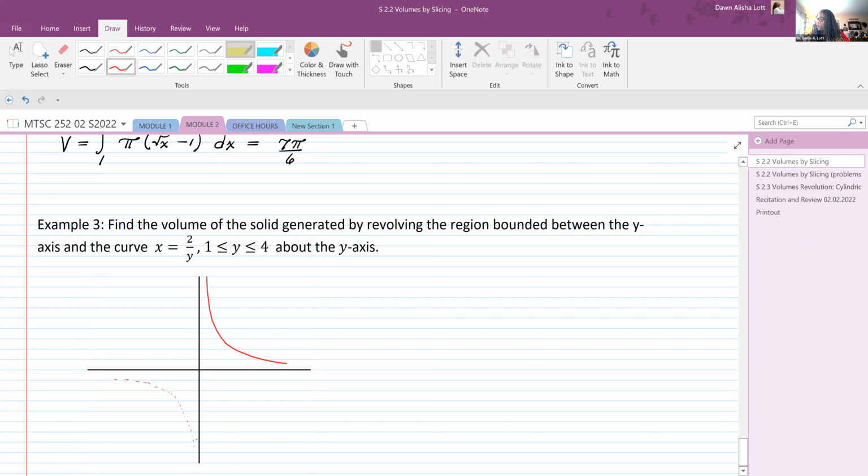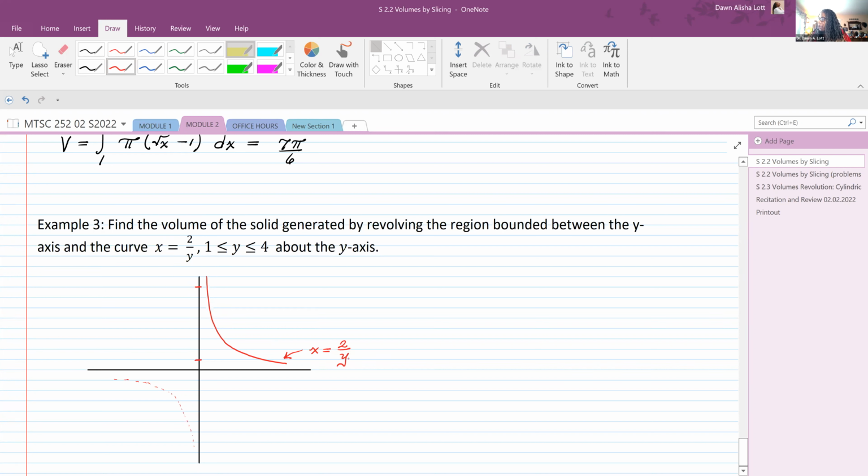The reason is because they tell me y goes between 1 and 4. So I'm starting here and I'm going up to 4, ending here. So I'm not worried about this part of the curve down there, because even though that's the other part of the hyperbola, I don't have to worry about it. So this curve, we already know, is x equals 2 over y.